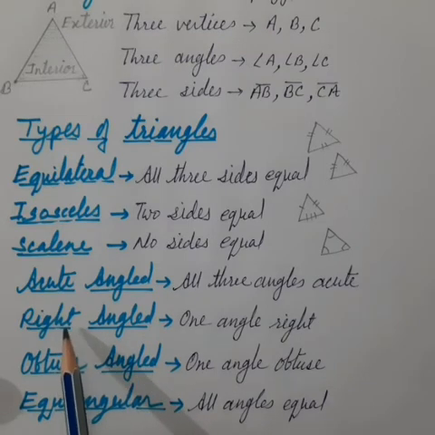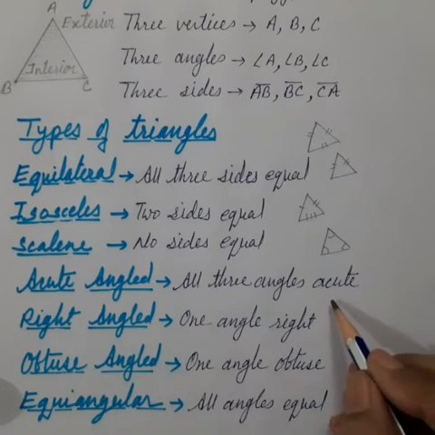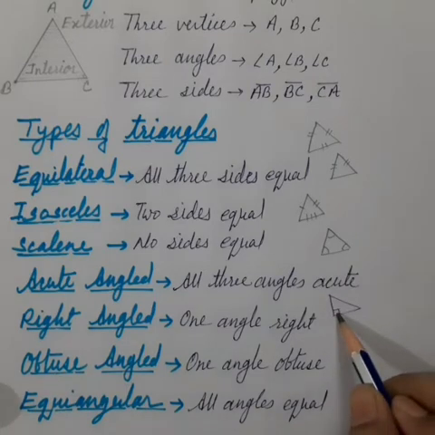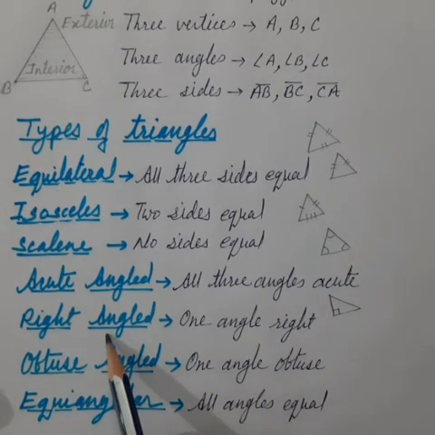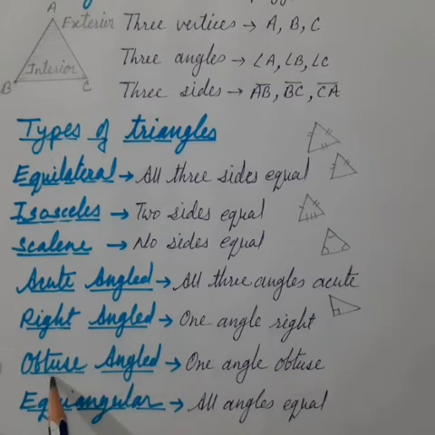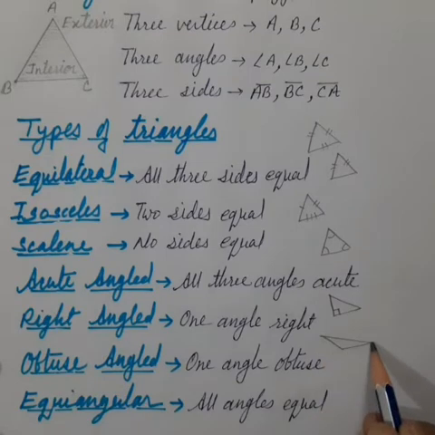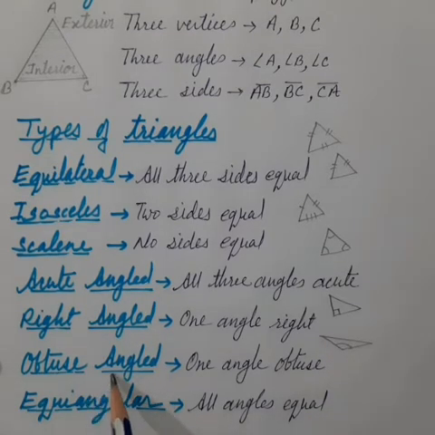And if in the triangle one of its angles is 90 degrees, it is called a right angled triangle. Obtuse means the measure of the angle is greater than 90 degrees. So if in a triangle the measure of one angle is greater than 90 degrees, it is called an obtuse angled triangle.